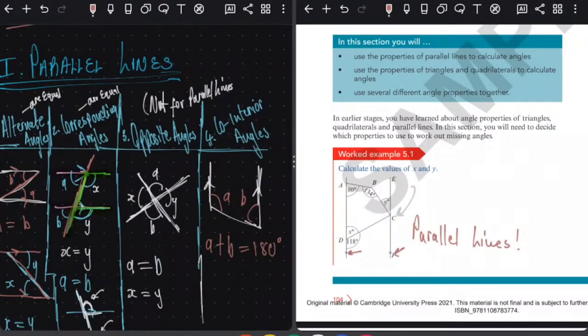So, for example, how do we get this angle here? If I call it T. What letter are you seeing here? There's a parallel line here, another one here.